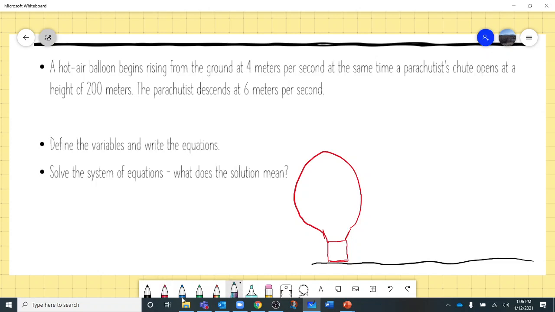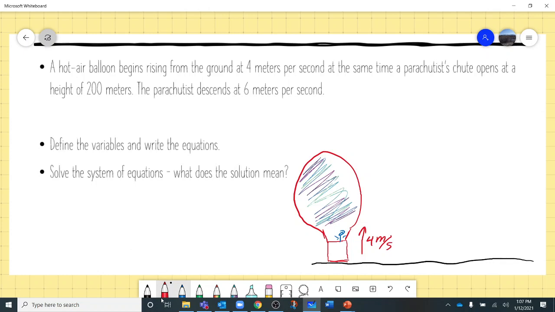I don't think that's too bad. And here's my person in the hot air balloon, and very excited. Okay, so my hot air balloon is starting to rise, and it's rising at 4 meters per second. So it's going this way at 4 meters per second.